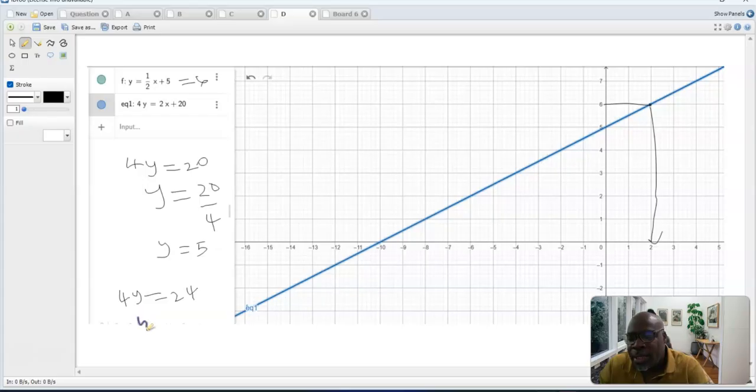What would y be equal to? 6. So when x is 2, y is 6 in both. Now that is more than one solution. If you go anywhere along this line, they will have multiple solutions. So this one definitely matches: multiple solutions, an infinite number of solutions.